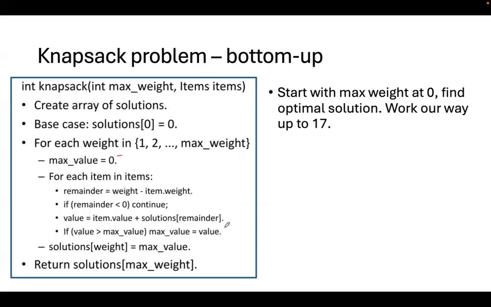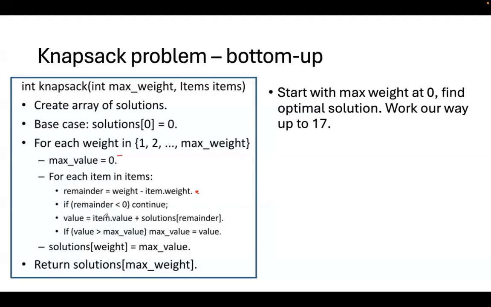And so then we look at increasing values of our maximum weight, and we still have the basic recursive structure where we start, okay, let's assume that our max value is 0, and then we're going to see if we can do better. For every item, check how much weight we would have left if we chose this item. If that puts us over, then we can't choose this item, so move on.